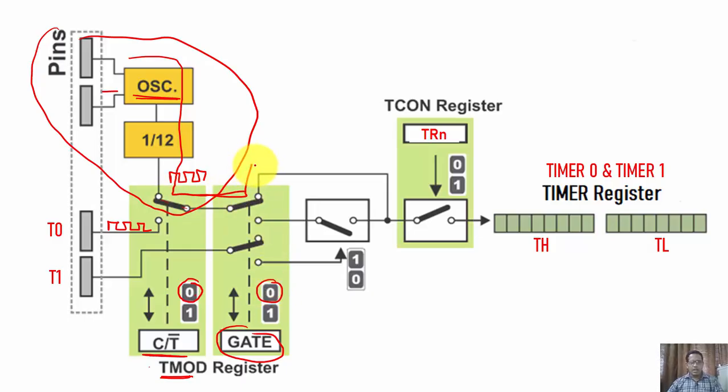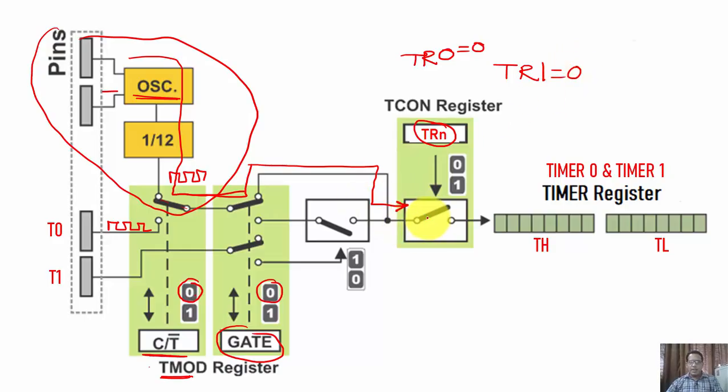Then it is moving in the upward direction, and here, this is the most important one, TRn. Suppose I am using timer 0, then this bit is represented as TR0. When I am using timer 1, this bit is represented as TR1. By default, the status of TR0 and TR1 is 0.